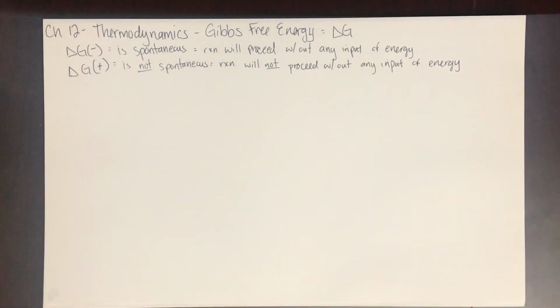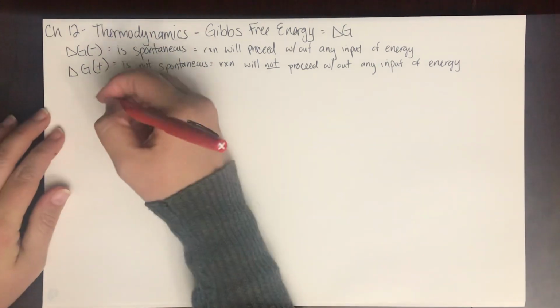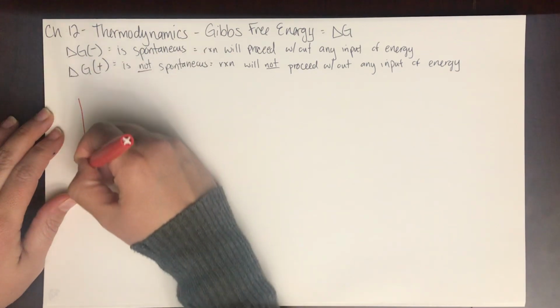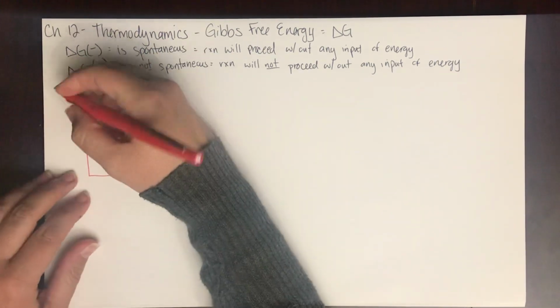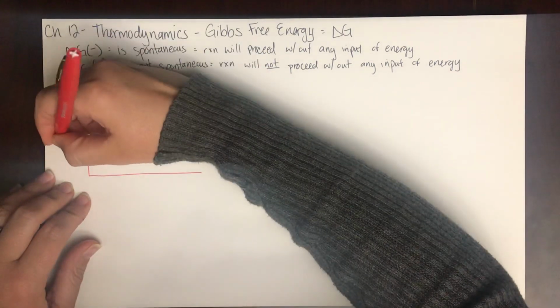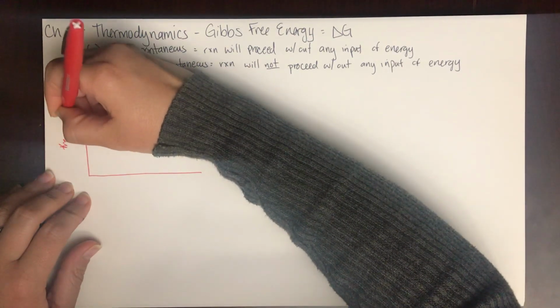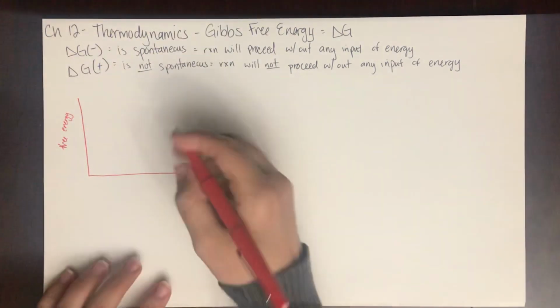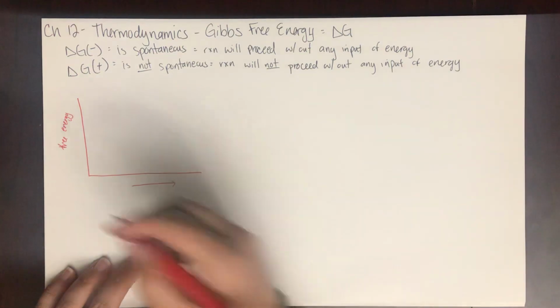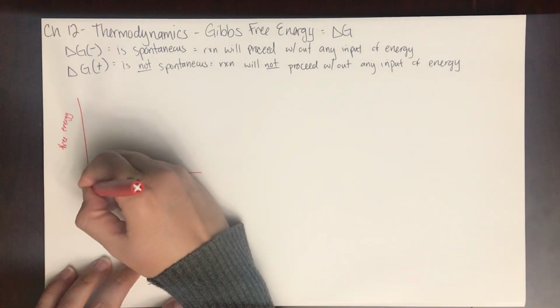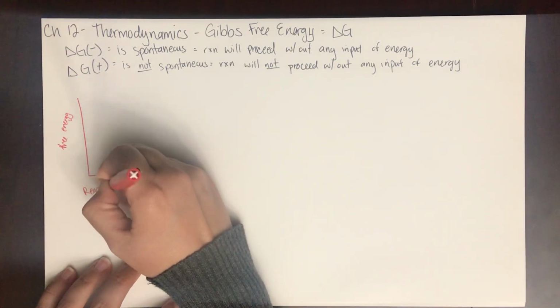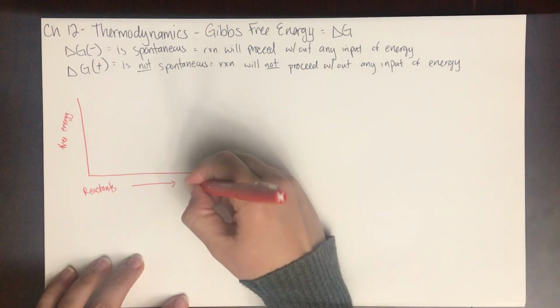So the energy diagram for this would look like this: free energy versus the progress of a reaction. We'll say this axis here would be free energy, delta G, and this would be the progress of the reaction. Here are the reactants, and here are the products.